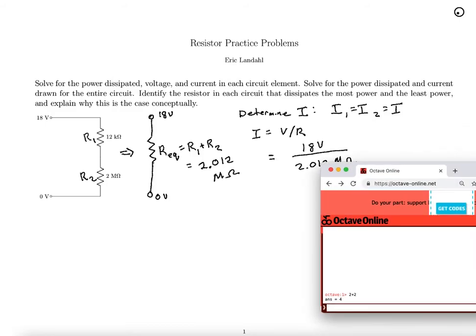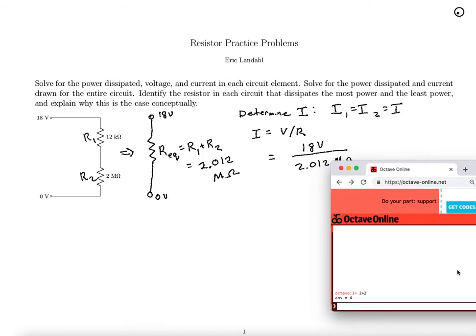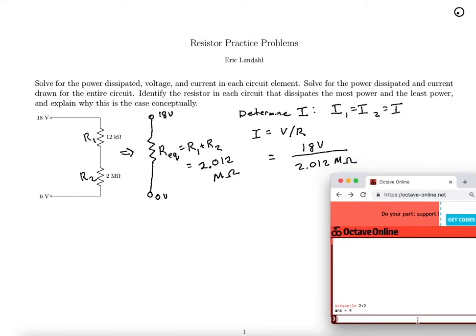I'll be using the Octave online calculator for demonstration. 18 over 2.012 E 4 times 10 to the 6. And there is our answer.